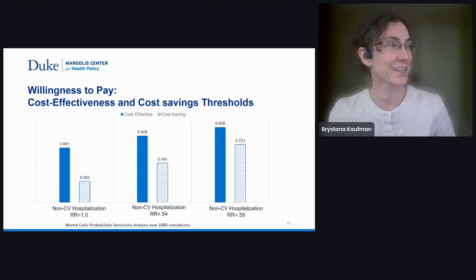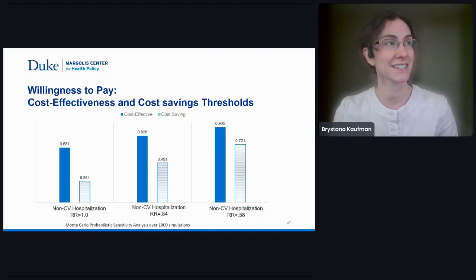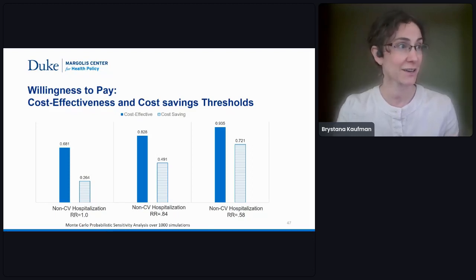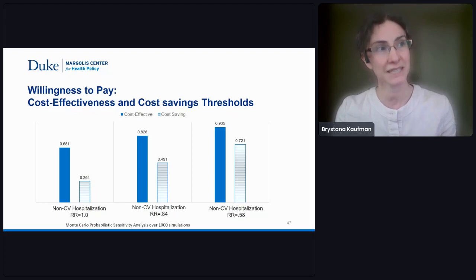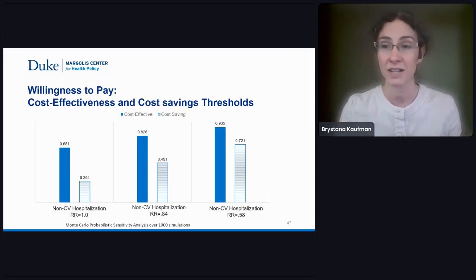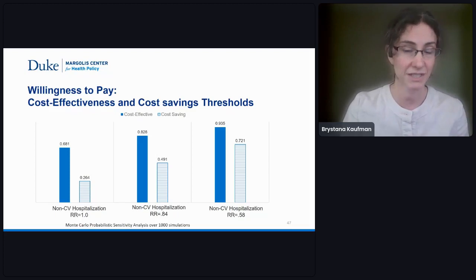And so these bars represent the probability of cost effectiveness, which is the solid blue bars, as well as the probability of cost savings, which are the striped bars. And so your probability of cost effectiveness using that $50,000 willingness to pay is always going to be higher than the probability of cost savings.